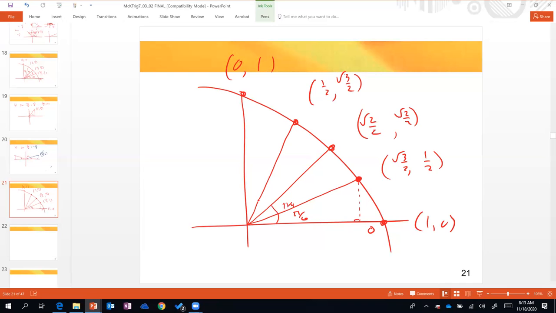That's the 45 degree. Pi over 3 is the big angle that's formed. So in this case, it's when the y value is going to be greater than the x value. And then pi over 2.